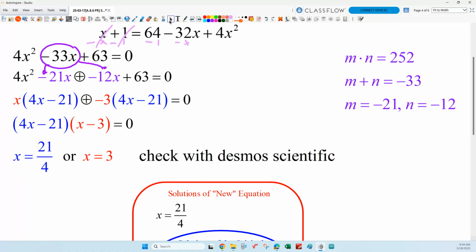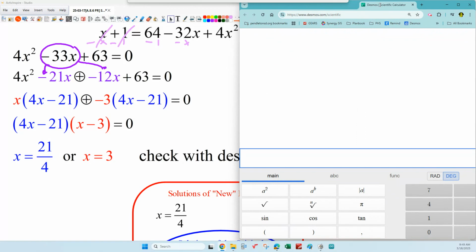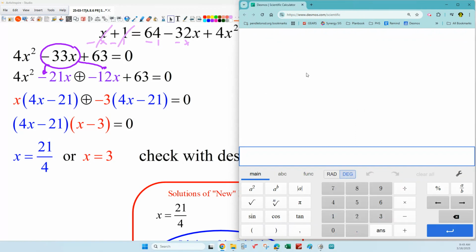We got to check those, but we don't want to be plugging 21/4 in and manually checking that. Do what I told you to do at the very start of the year that hopefully you've been doing all year. Use Desmos Scientific to check this. So remind me real quick, how does that work? How can I use Desmos Scientific, which is always available, to check this thing?